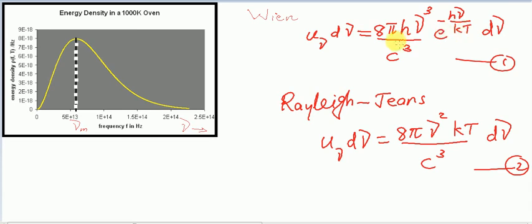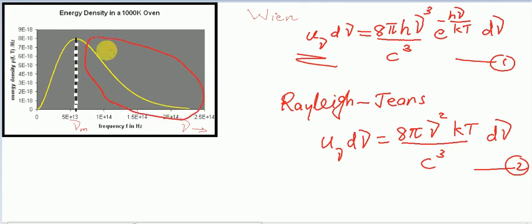U is the energy density, that is the energy per unit volume. So this is the expression for energy density in a range nu and nu plus d nu for the higher frequency region.